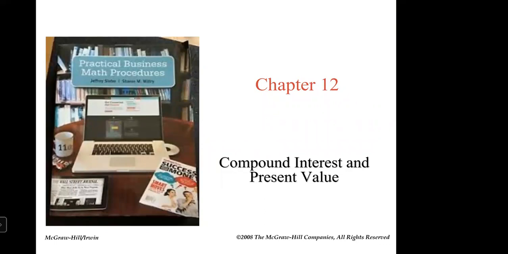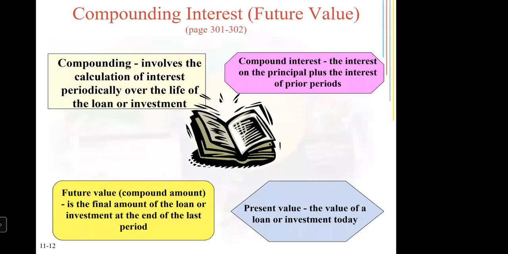So far, our focus has been mainly on simple interest, but these days, most of the interest involved in business calculations is actually compound interest. And compound interest is sometimes referred to as future value. You'll see that in your book.